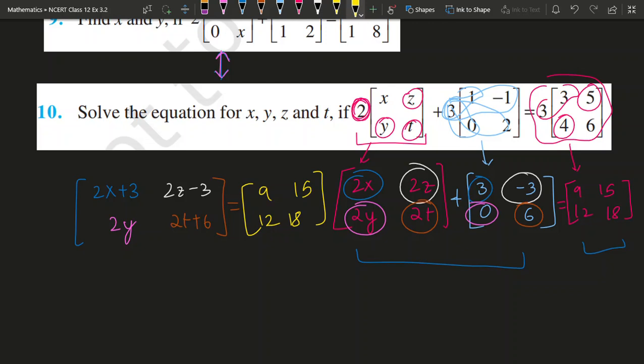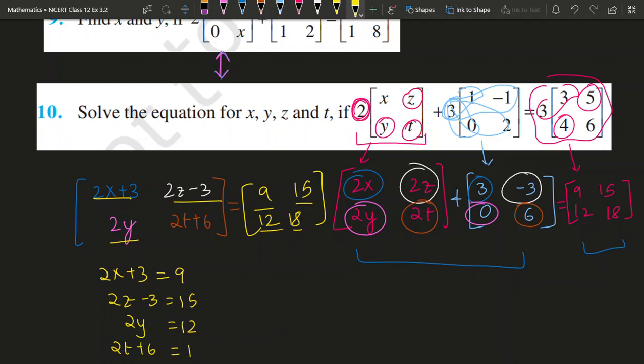Now you have four equations which can be found from this. So let's solve them right away. 2x plus 3 equals 9, 2z minus 3 equals 15, 2y equals 12, and 2t plus 6 equals 18. Now you can solve these equations.